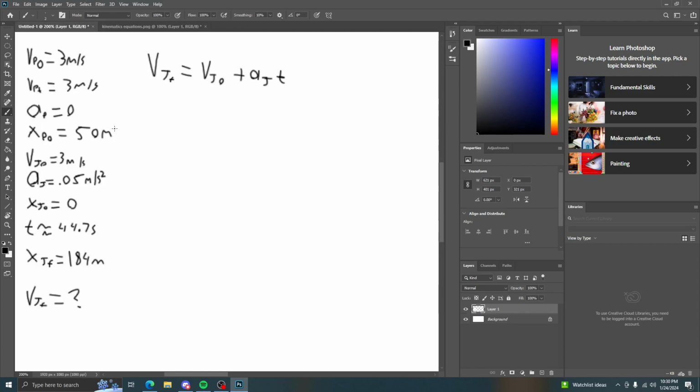And then we just plug it in, so it's gonna equal 3 meters per second plus 0.05 meters per second squared times 44.7 seconds.